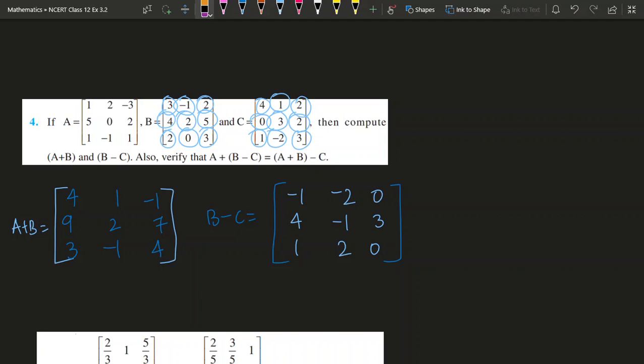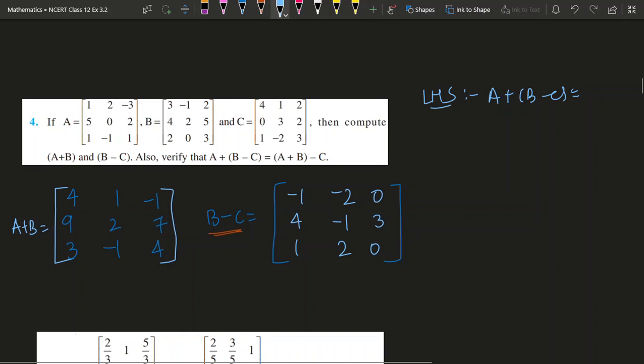So let's figure out the left hand side, that is (A plus B) minus C. So you are now adding element-wise from this matrix and the matrix A. So it will be a 3x3 matrix again, since we are all talking about 3x3 matrices. So again, let's do the same thing.